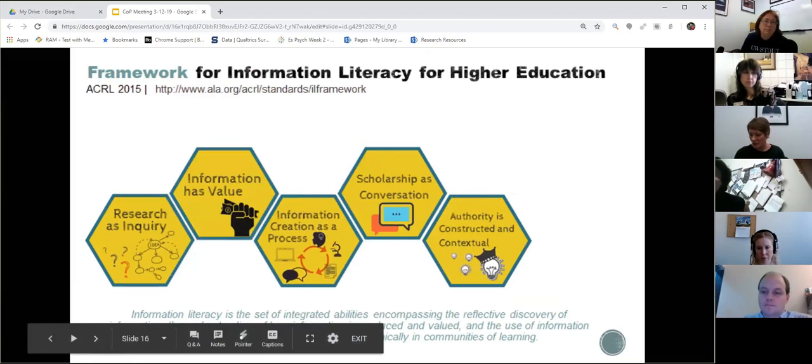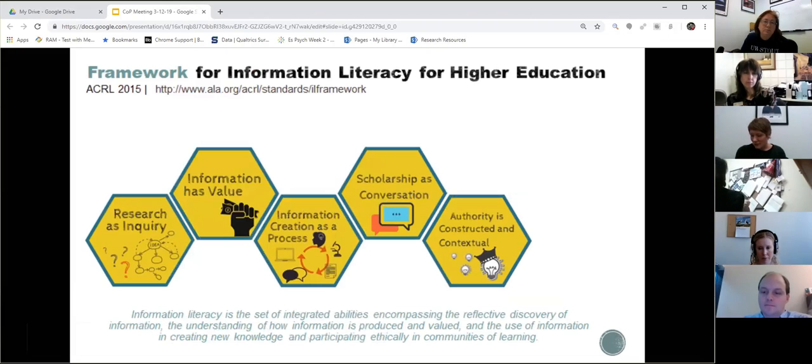All right, next one. Information has value. So different manifestations of value. We hear a lot about publishing, right, and open ed, and the value discussions around that. But also, like I mentioned earlier, the value around personal information and how it's bought and sold and used.